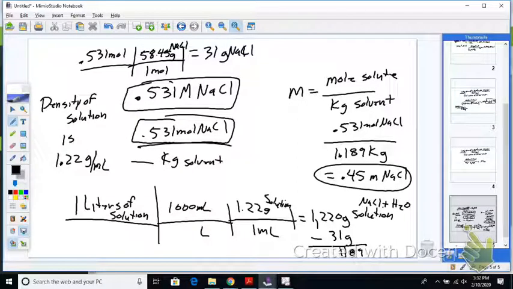So I'm given the density of the solution, and I can find the mass of the total solution, salt and solvent. Then I subtract out my salt once I find how many grams I'd have based upon the moles. That gives me a new mass that is converted into kilograms, and then I can find my molality from that.